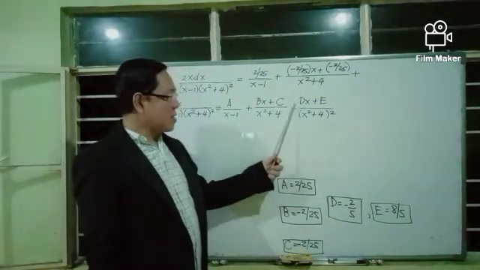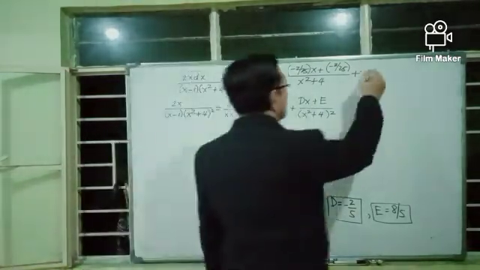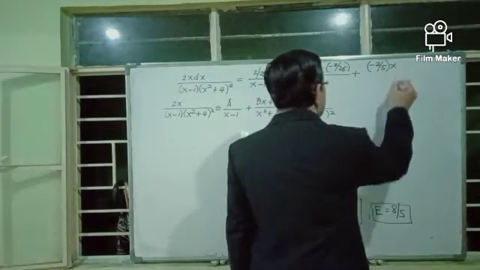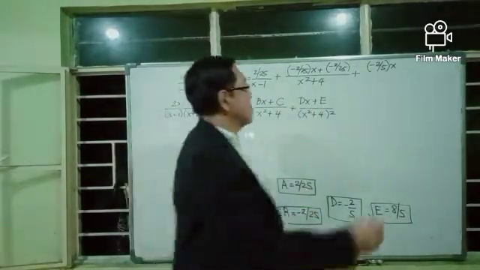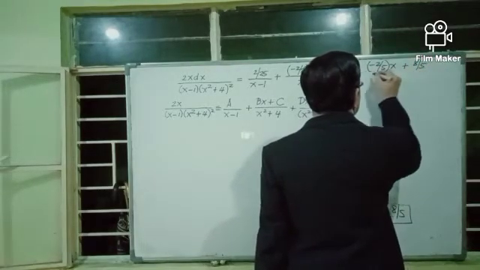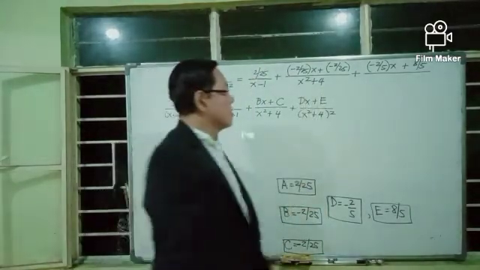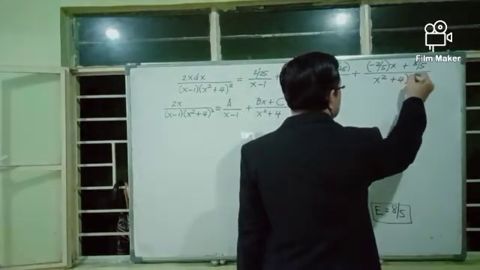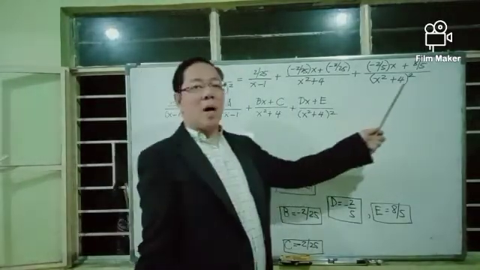And the last term is d, negative 2 over 5, multiplied by x, plus e, 8 over 5, over x squared plus 4 to the power 2.